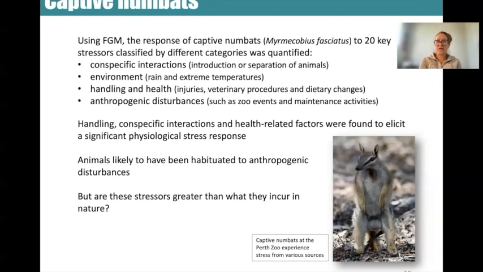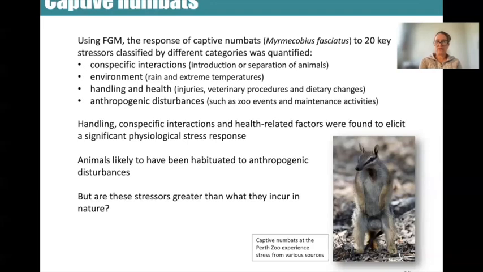It was discovered that handling, conspecific interactions and health-related factors were all found to elicit a significant physiological stress response. This absence of response to anthropogenic disturbances was concluded to be due to the fact that these individuals were habituated to humans and human interaction.